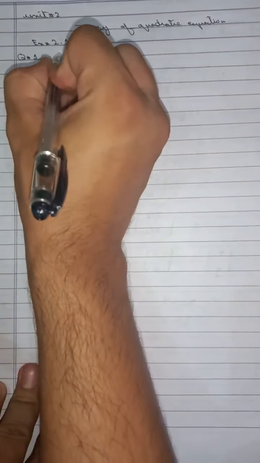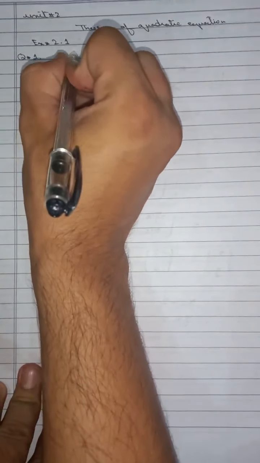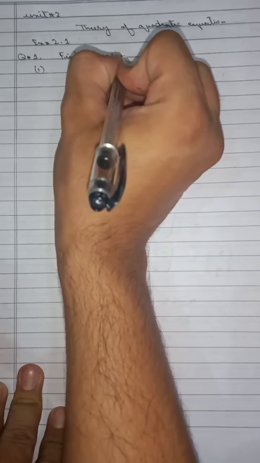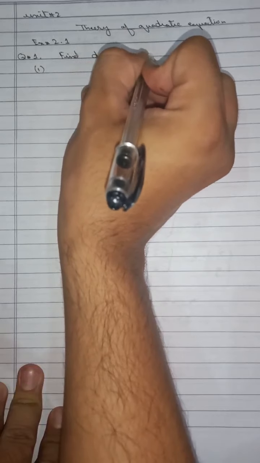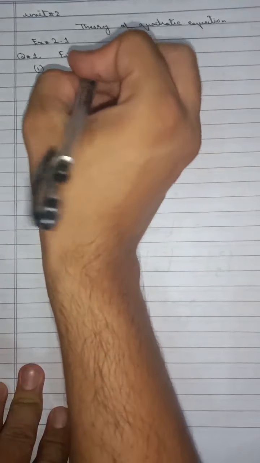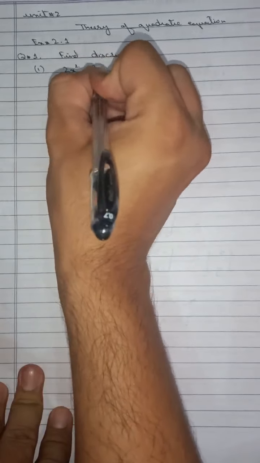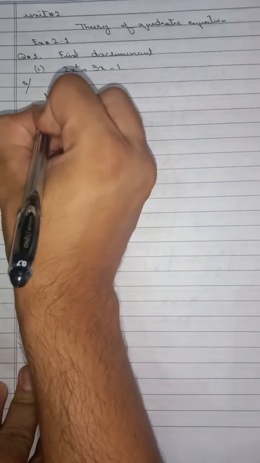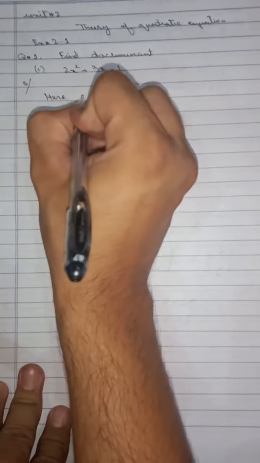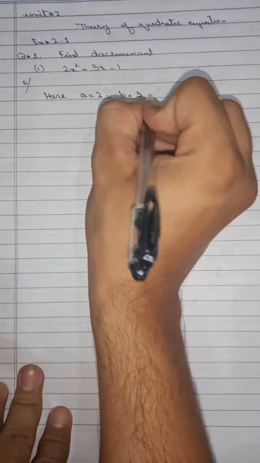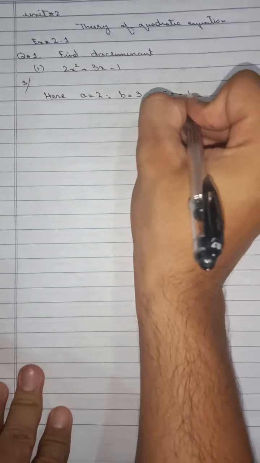The first part, find discriminant: 2x square plus 3x minus 1. Solution: here, a is equal to 2, b is equal to 3, c is equal to minus 1.